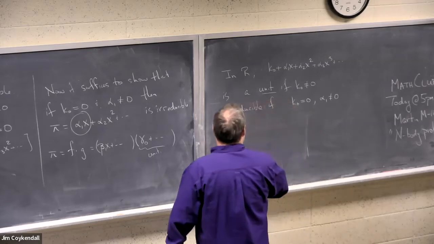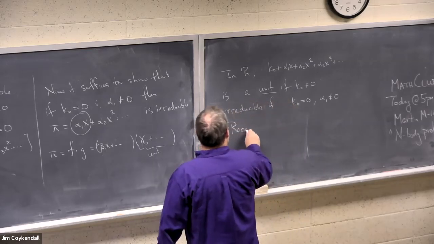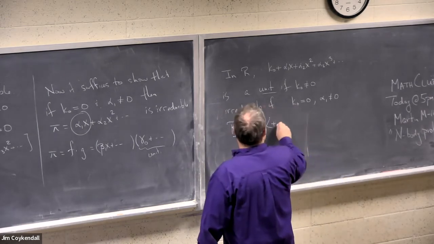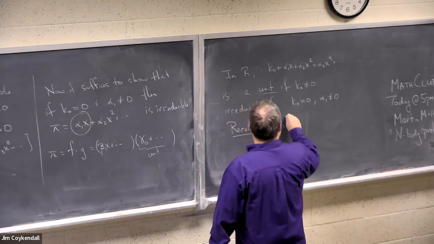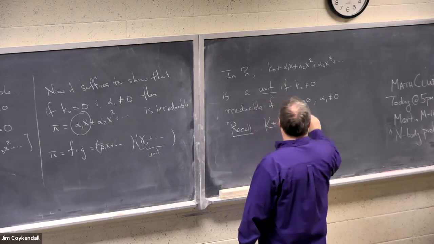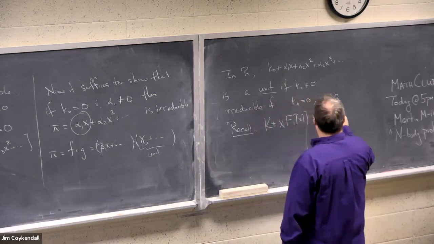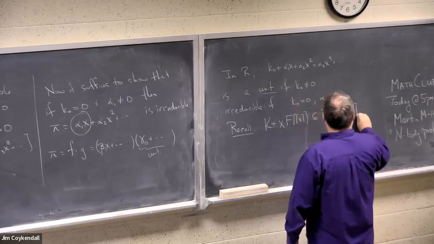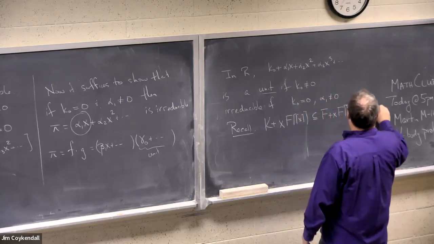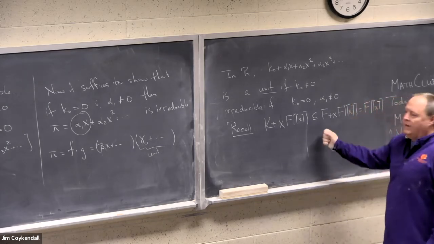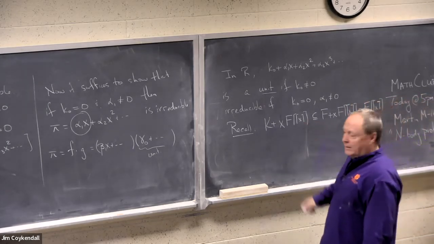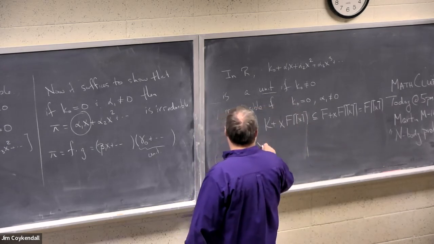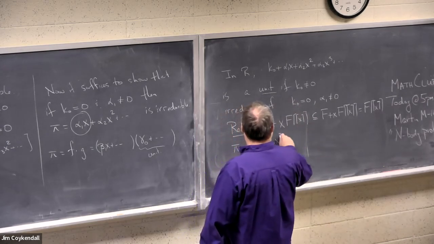Well, recall this thing, let's think of this as a subordinate power series. Pi is alpha one x plus alpha two x squared.